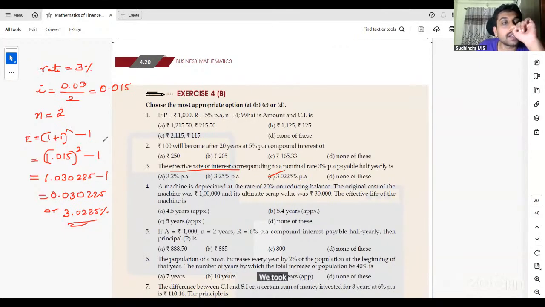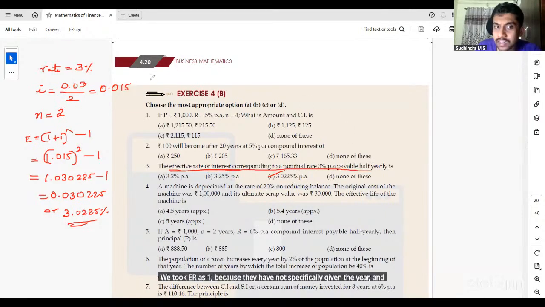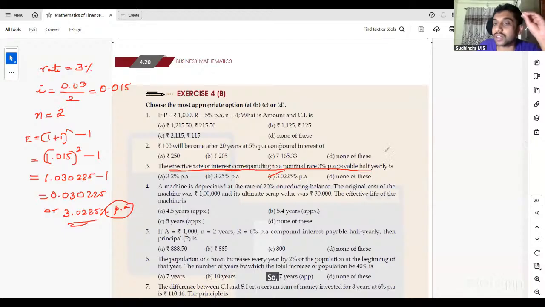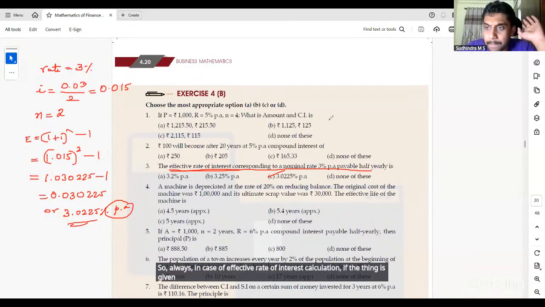We took year as 1 because they have not specifically given the year, and irrespective, our effective rate of interest doesn't change because effective rate of interest is per annum. So always, in case of effective rate of interest calculation, if nothing is given, year to be taken as 1.